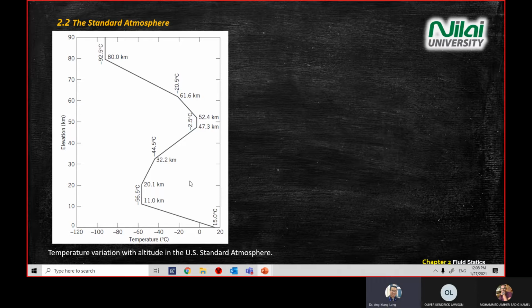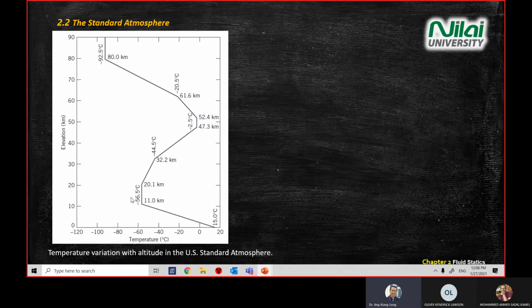As you can see, as we increase our height from sea level, the temperature drops from 15 Celsius until negative 56.5 at 11 kilometers.